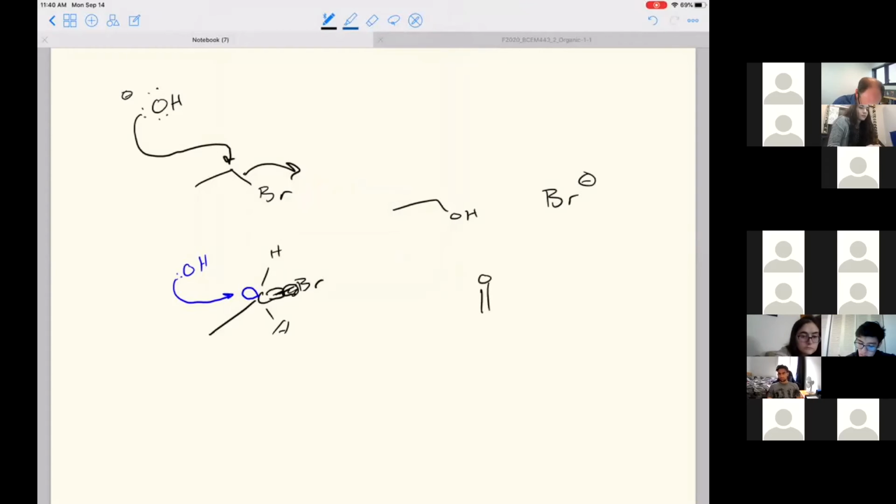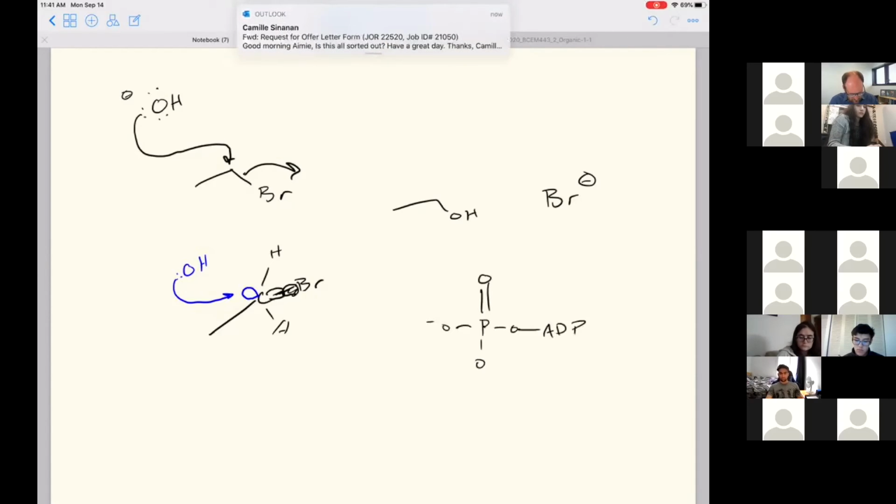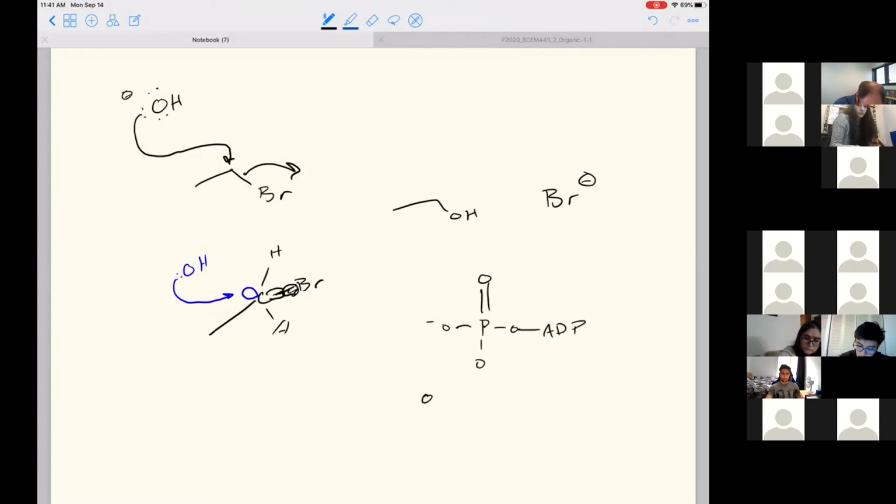I don't know, what do we want to do? Let's say we have a phosphate, O minus, this is attached to ADP, right? And we wanted to have a hydrolysis of ADP reaction, say with, I don't know, with water. So in this particular case, this would be a normal kind of reaction.